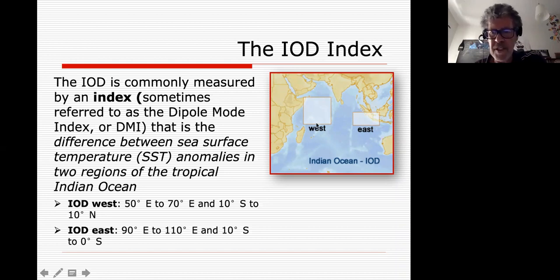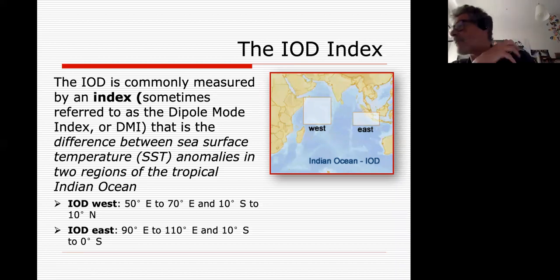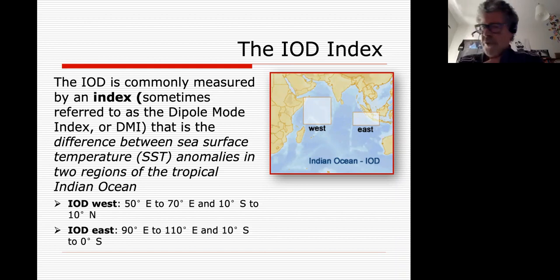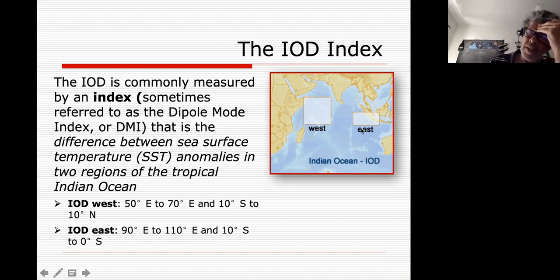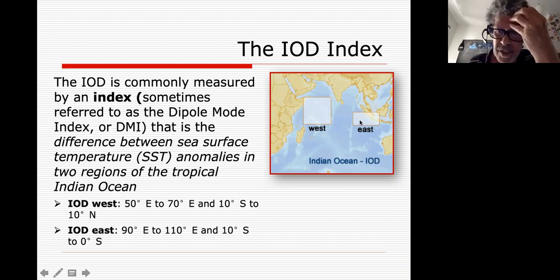The other one is the western side of the equatorial Indian Ocean, where the accumulation of warm water takes place and warmer surface temperature anomalies are expected. The average temperature anomalies calculated in the eastern and western parts are used to calculate the index.